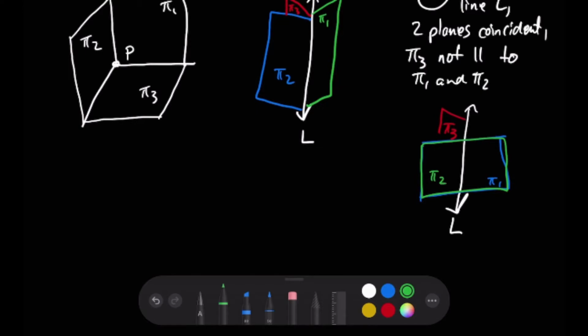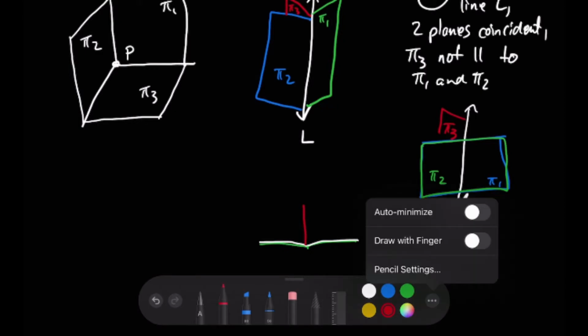So once again, we can kind of think like a book. We got our cover, we got our first and second pages open, lying flat, and then we have a third chunk of pages, and that's like our plane 3. So once again, if the book metaphor helps you, I find it very helpful.